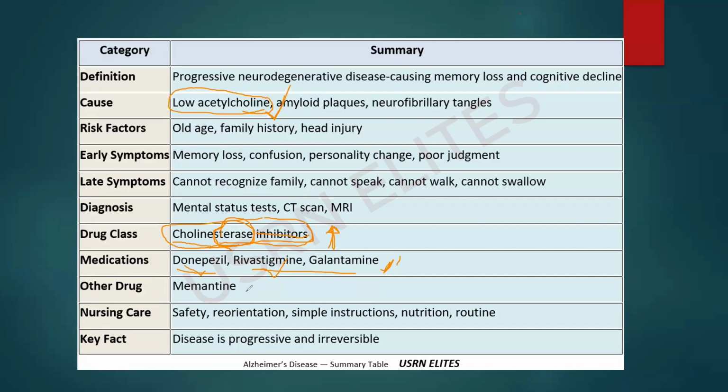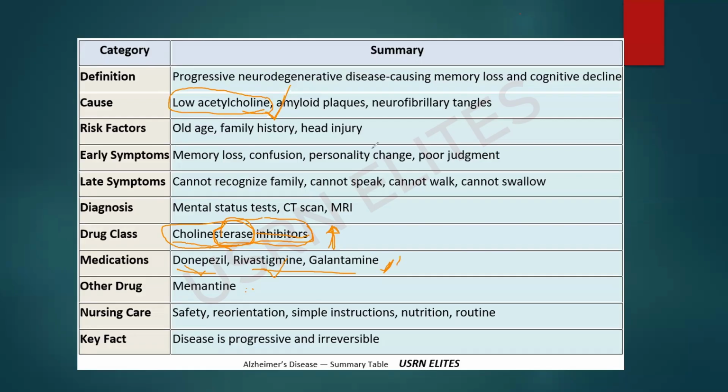Then we have another drug which is called memantine. We have a class for it, an abbreviated word, which we will look at. What memantine does, in short, is that it will help preserve nerve function.